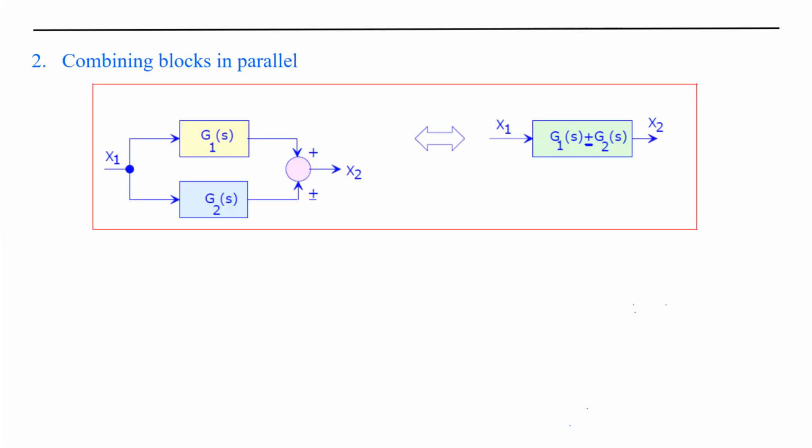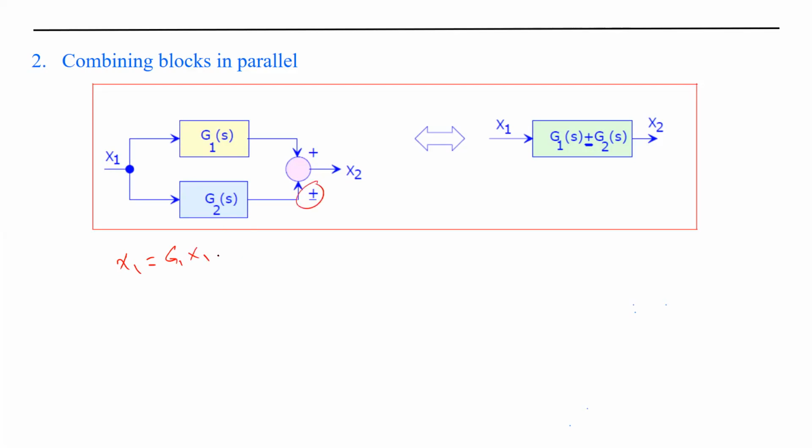Now I can combine blocks if they are in parallel. Again, let me come in here. What's x2 equal in terms of x1? X1 will go with G1 and G2, so we can take x1 as a common factor.